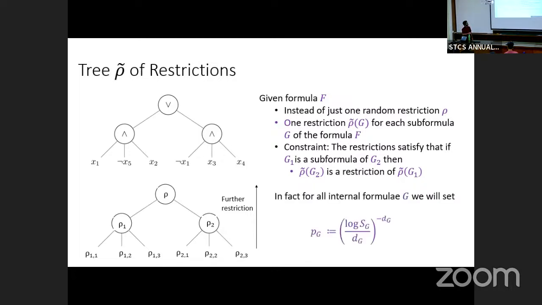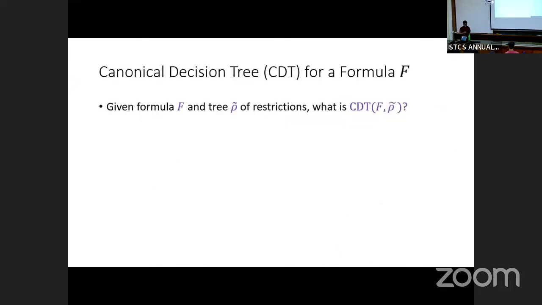The top one is basically the main restriction that we are working with itself, and the internal formulae we will set as well. So this looks familiar; it is the thing in the criticality definition. This is the definition we use for analysis and also for defining canonical decision trees.